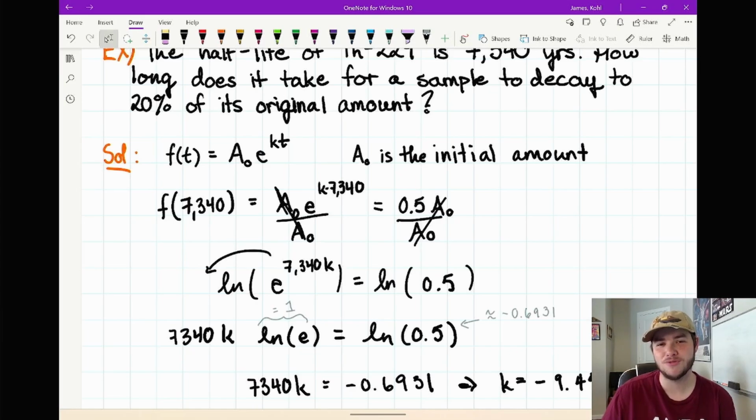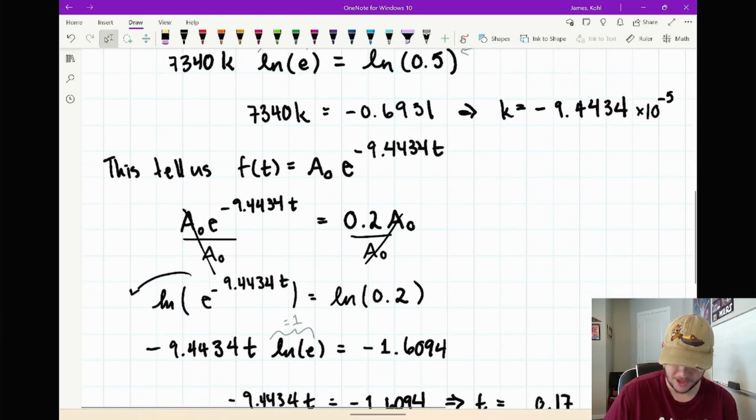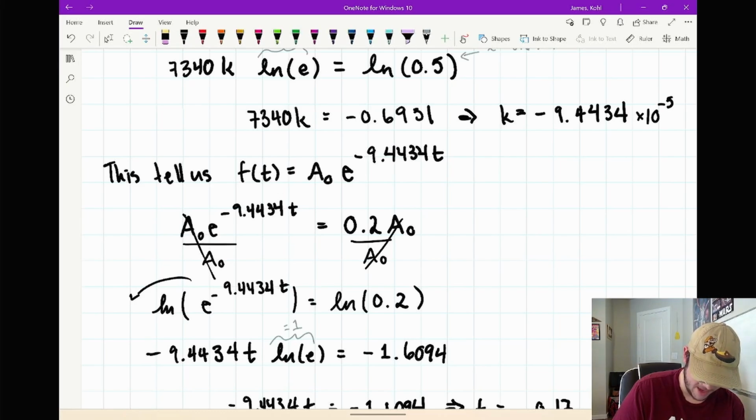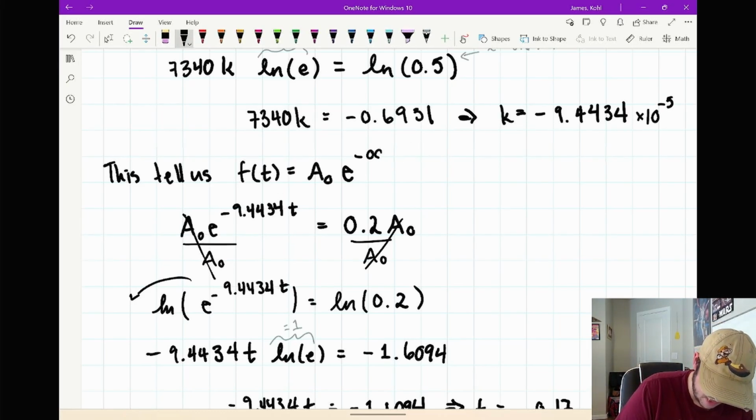Excuse me, I misread my calculator there. Going back up here, I do have that k is this, but times 10 to the negative 5. So, how does that affect our answer? Well then, k is actually negative 0.0000094434 t, and I'm just going to trickle that down here.